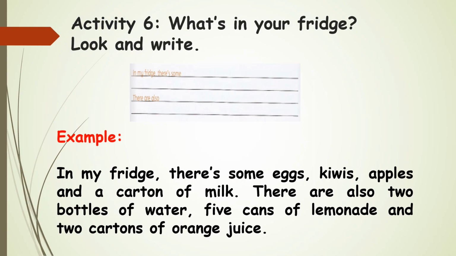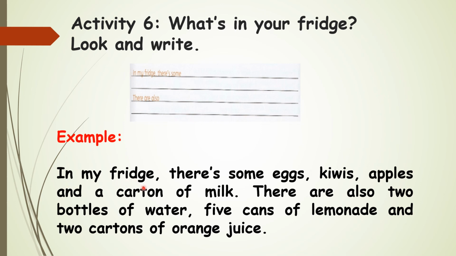Okay, the last activity for today is what's in your fridge? Look and write. So you need to look at your fridge, okay? And then try to write simple sentences about the things that you have in your fridge. So I give you an example.